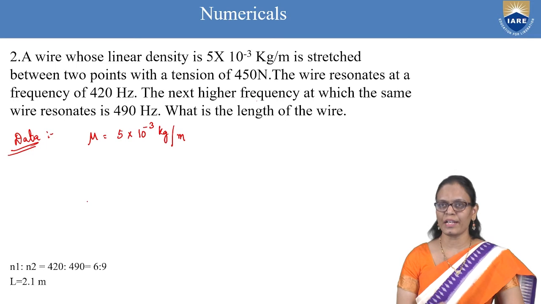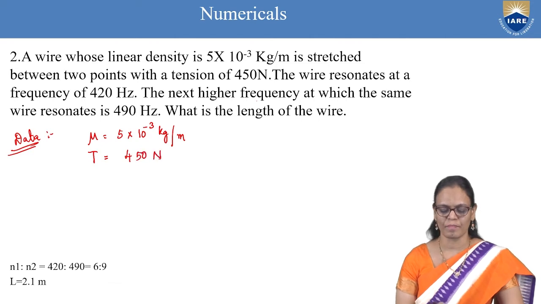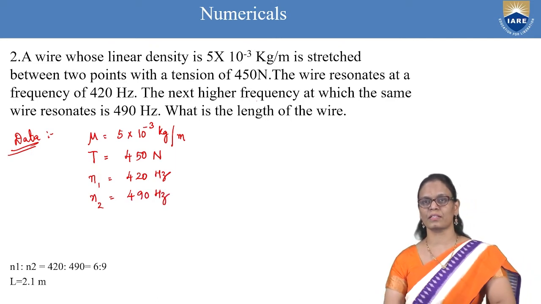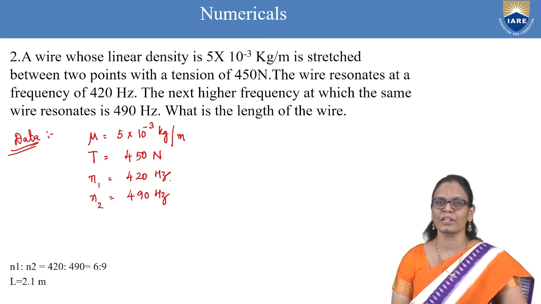And this wire is stretched between 2 points with a tension of 450 Newton. The wire resonates with a frequency, I write N1 is equal to 420 Hertz. And the second one is N2 is equal to 490 Hertz. So first what we need to do is calculate what the harmonic is here.